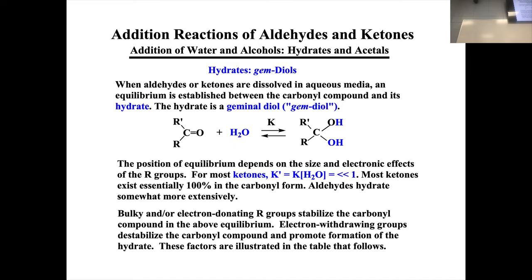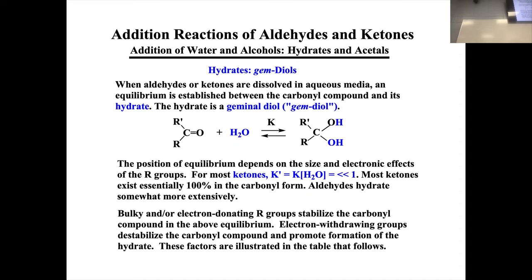Gem stands for geminal, meaning like Gemini is twins, okay? So, is there anything really unique about this? You've already learned this, you just don't realize it. Where did we add water across something before? Hydration of an alkene. It's just a carbon-oxygen double bond instead of a carbon-carbon double bond.